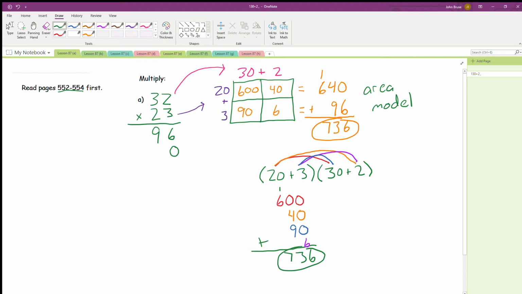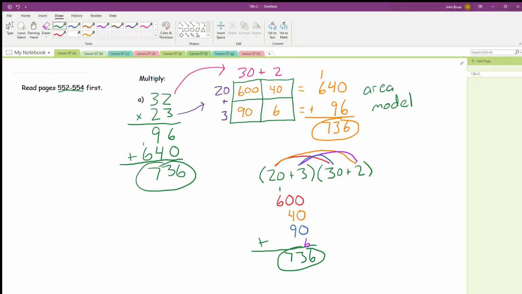So we've got 2 times 2 is 4, and then we're going to multiply 2 on the first row times the 3 on the second row. And that will give us 6. And then you add those numbers together, which gives us, I'm going to carry the 1, 9 plus 4 is 13, 736. All 3 methods work.